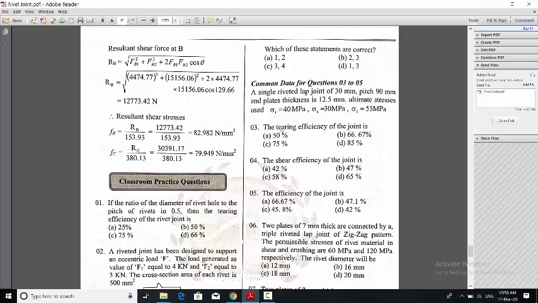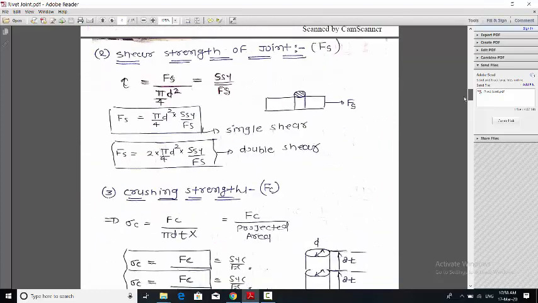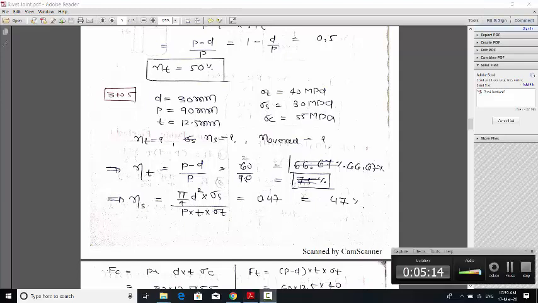What do you have to find out? Tearing efficiency, shearing efficiency, and the final efficiency. Numerically it is somewhat simple, since they have given the diameter, pitch, and thickness, along with tearing, shear, and crushing strengths.